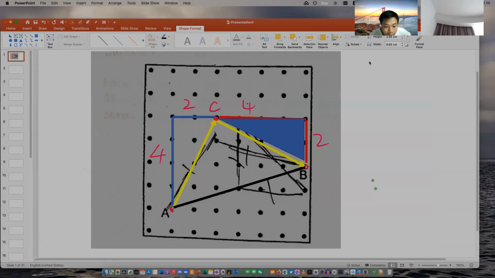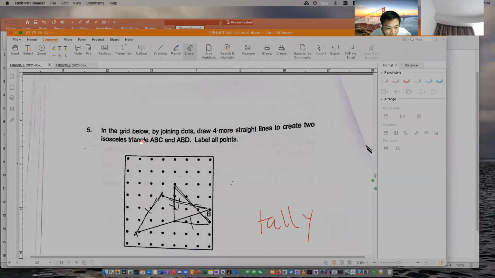Can you make use of the technique just now to find a point D such that you form an isosceles triangle ABD? Not ABC. ABC is already done. You have done part one. Now you need to get ABD.